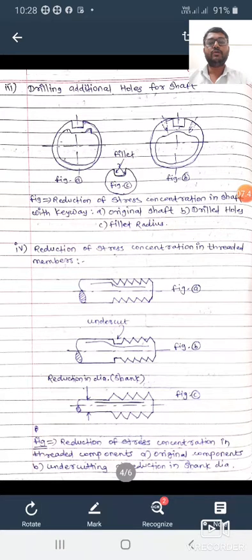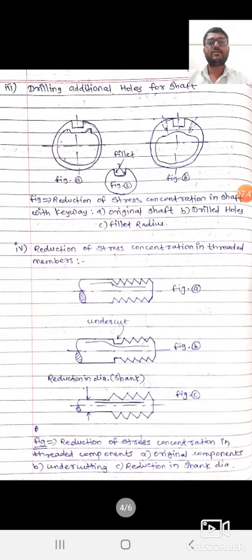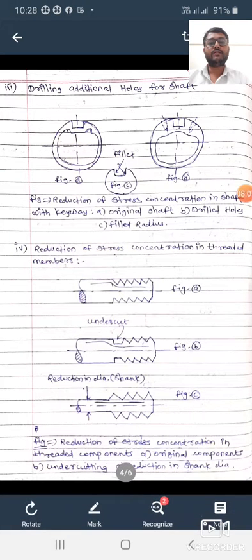So figure B shows we have to reduce that stress concentration by drilling holes in the shaft, and figure C shows we have to provide a fillet radius to the shaft so that stress concentration reduces.